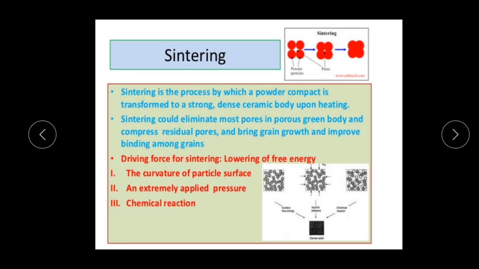Sintering can also eliminate the voids in the porous green body, compress the residual pores, bring about grain growth and improve the bonding among all the grains. This phenomenon is called the sintering process.